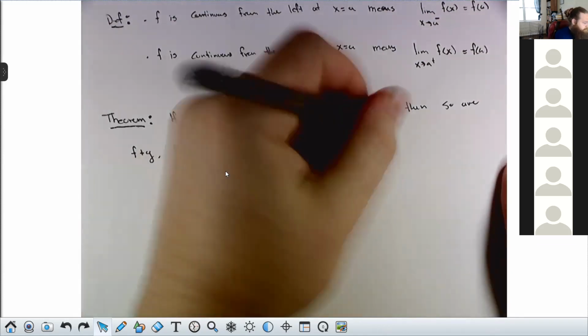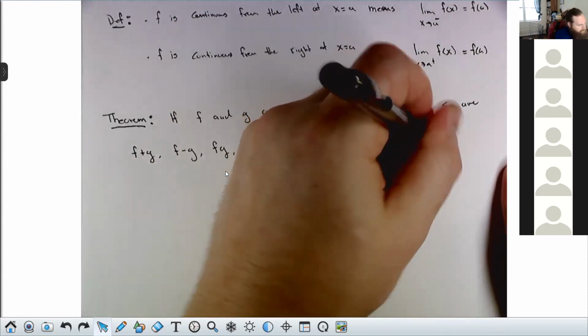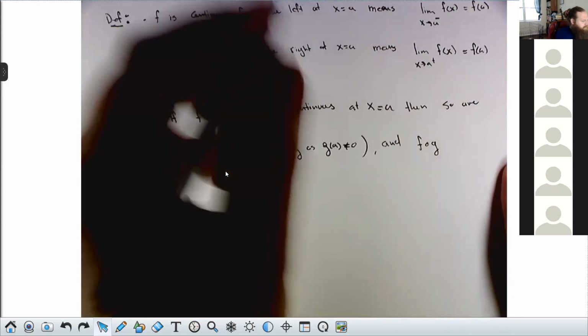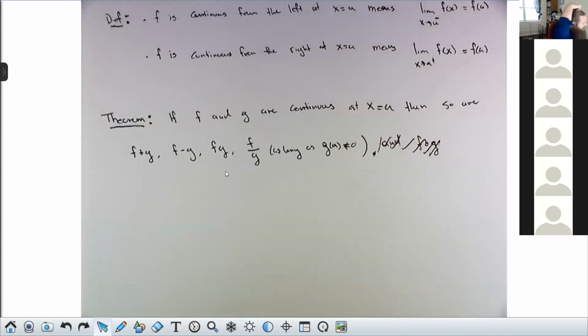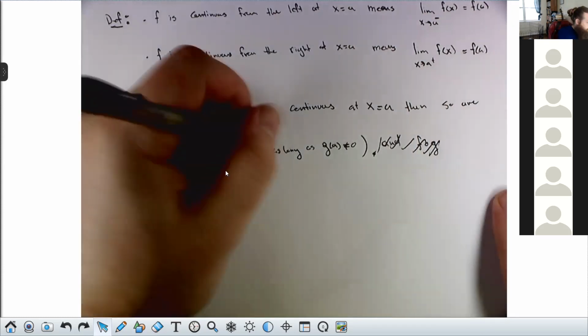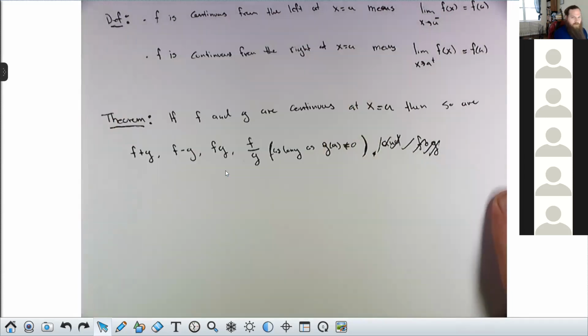And the fun one, the composite function. Well, actually, let me leave the composite option out. We'll state that separately. It requires slightly different hypotheses. So in other words, combinations of continuous functions are continuous.